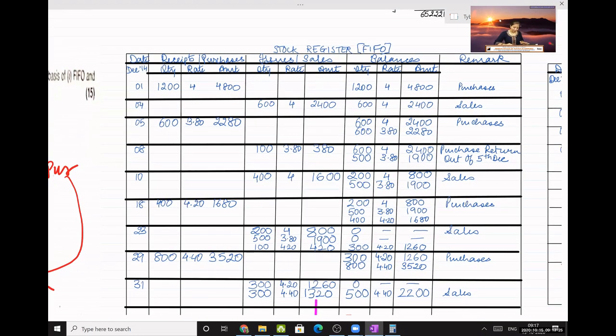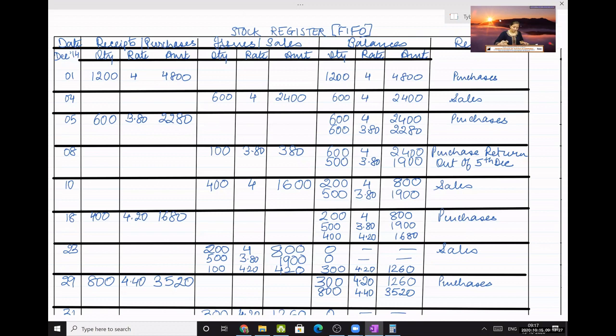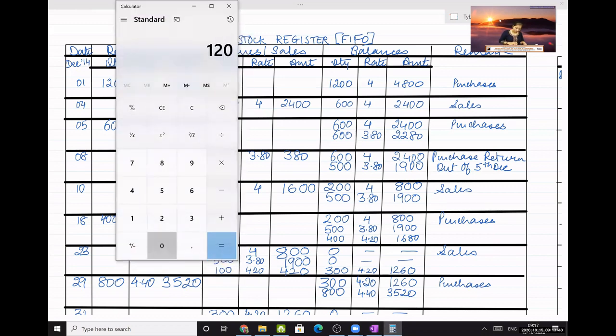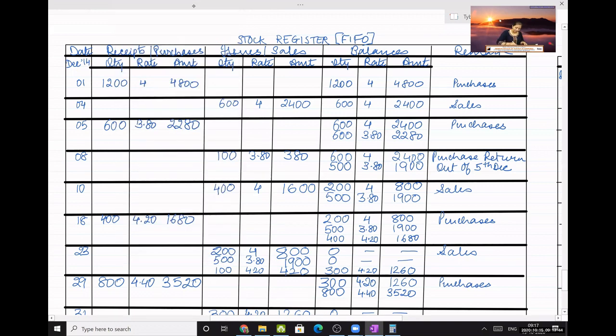So quantity purchased is 1200. Rate is 4. So the amount is quantity multiplied by rate: 1200 into 4, 4800.